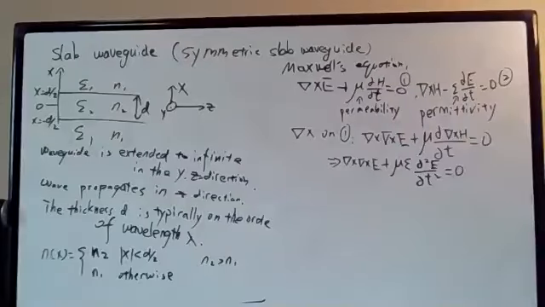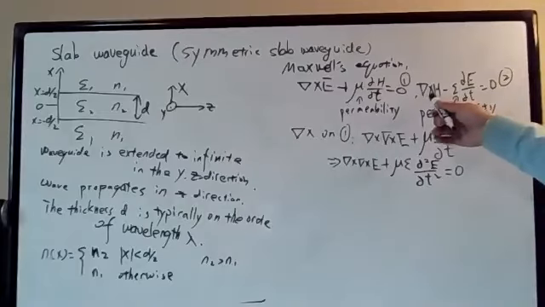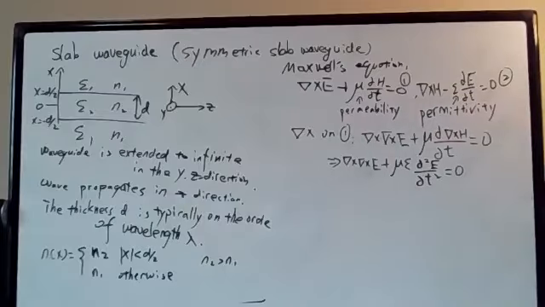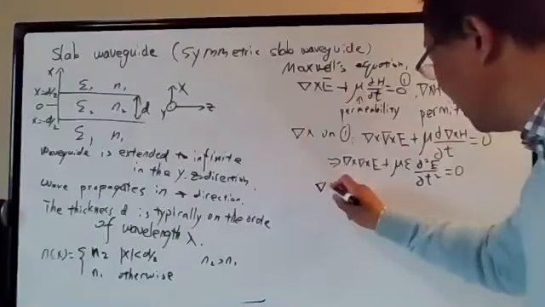So I'm now replacing curl of H by partial E partial t, the electric field. So now I remove the H, the magnetic field, in this equation. It's now all a function of E.